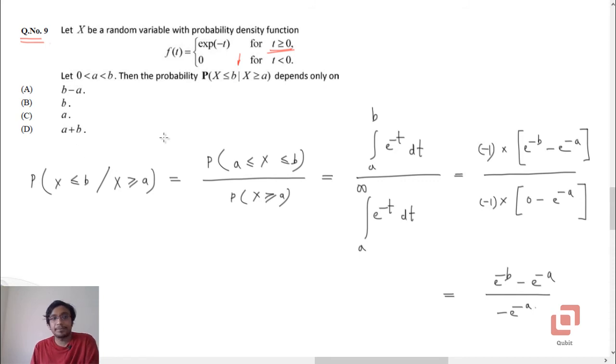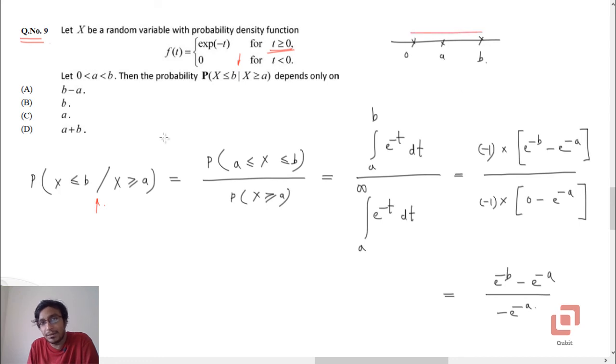Okay, first we recall the definition of conditional probability. In the numerator we have the probability of intersection of the two events. Yes. Okay, now if this is the real number line, 0 is somewhere here, a has to be somewhere here, and b has to be somewhere. Okay, what is the event that they want? X less than or equal to b, that means this event.